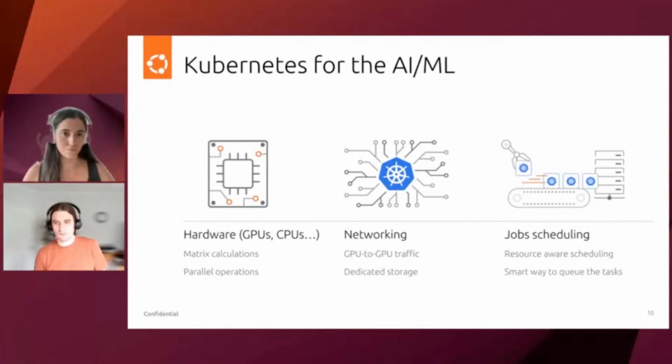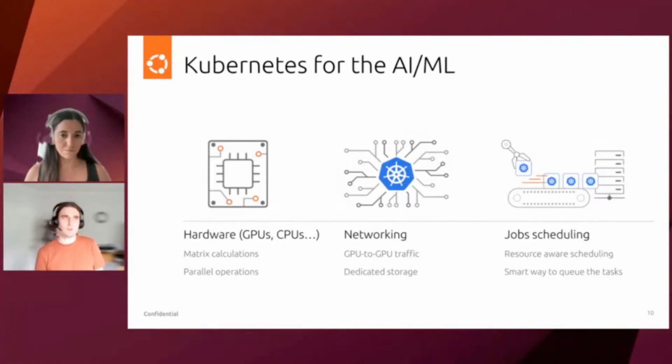Additionally, you most probably need to have dedicated storage for your AML jobs, and Kubernetes helps here a lot as well. And last but not least, Kubernetes helps with the job scheduling because AML jobs have quite special scheduling needs.